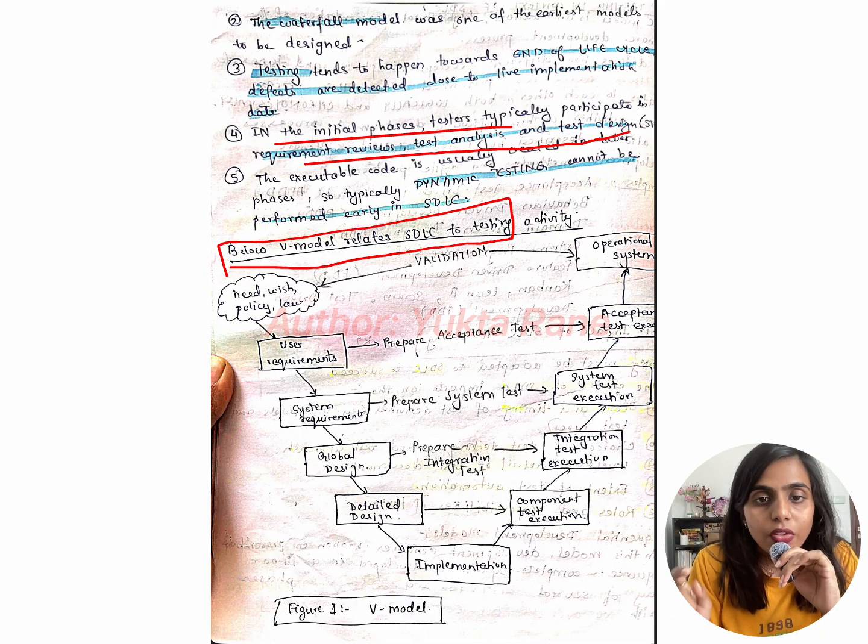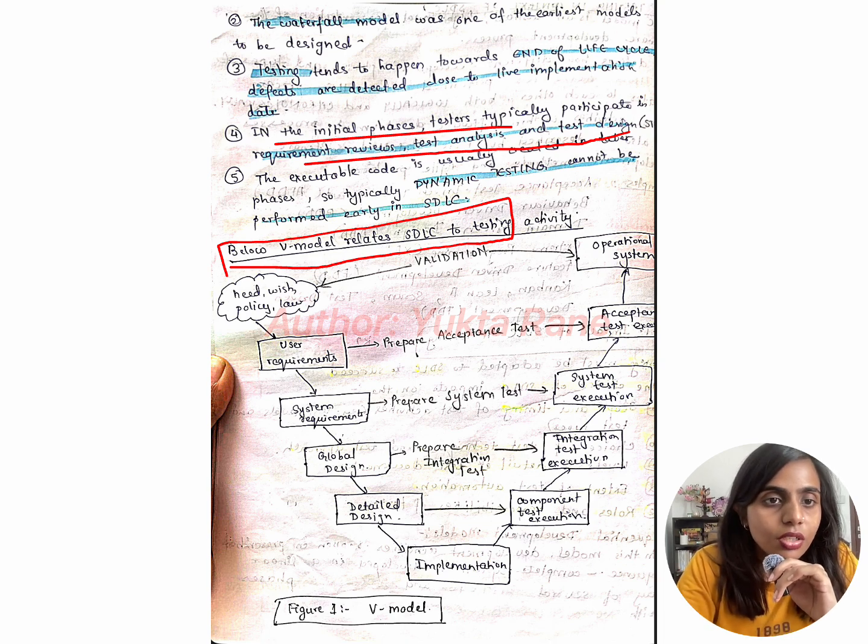So we saw that the development cycles are designed as per testing approaches, right? This is how they do it. The first one is deciding the intention of the product or the process, okay, so that is wish, policy, laws, etc. Everything you will decide at the start. Then as per that you will form the user requirements.